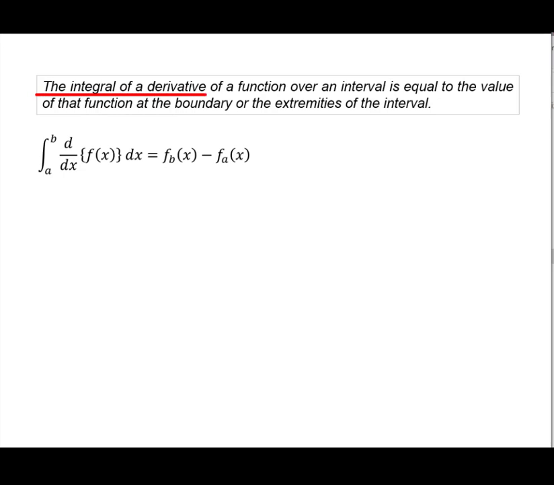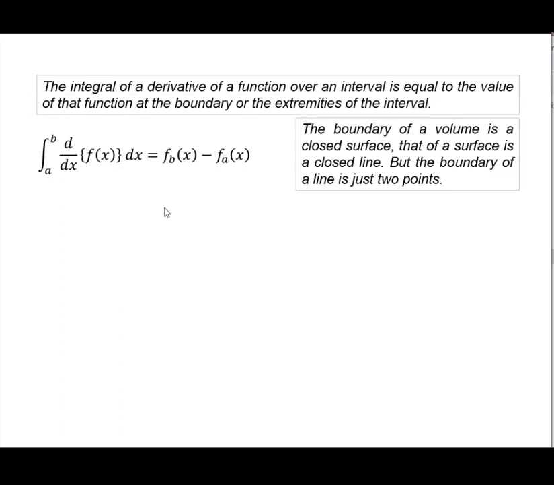The integral of a derivative of a function over an interval is equal to the value of that function at the boundary or the extremities of the interval, like this. Here, the boundary of a volume is the closed surface, and the boundary of a surface is a closed line. These two theorems are Gauss theorem and Stokes theorem.